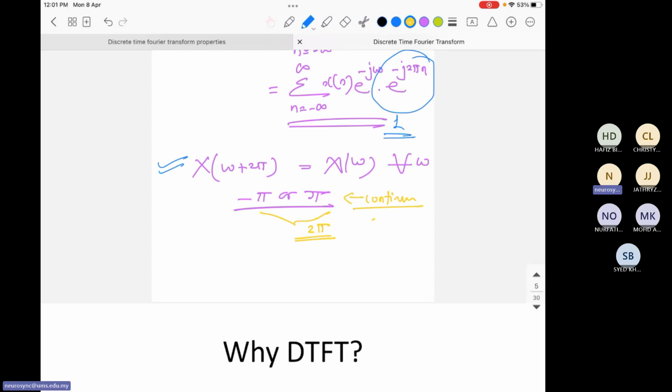So with this X of omega, we can reconstruct the original signal x of n over this unique interval minus pi to pi.